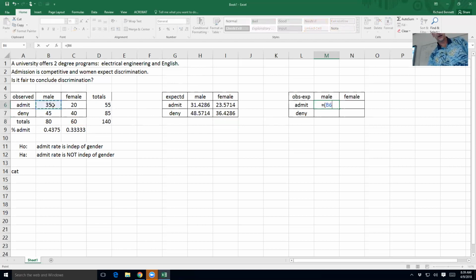The observed minus the expected, squared, divided by the expected, equals the observed minus the expected, squared, divided by the expected, and so on for each cell of the table.